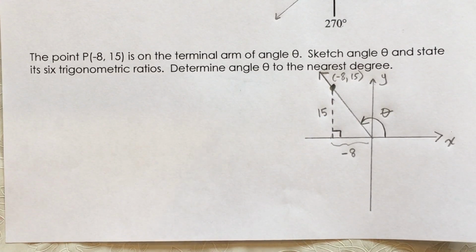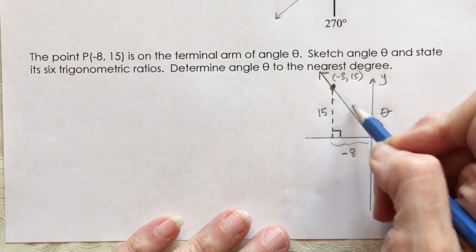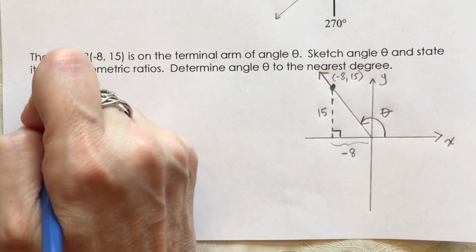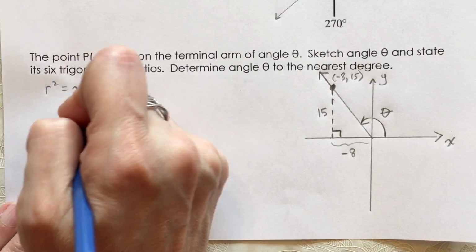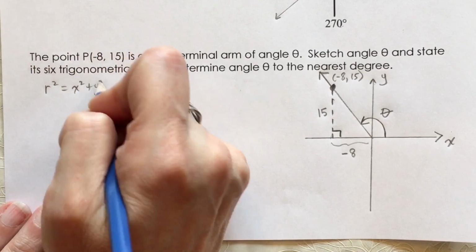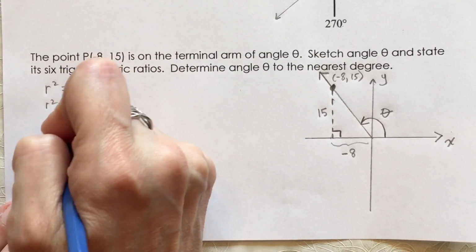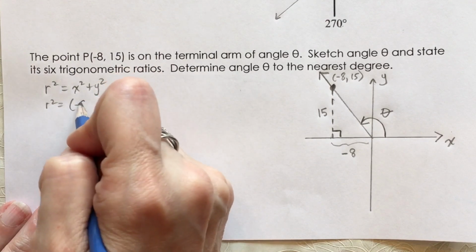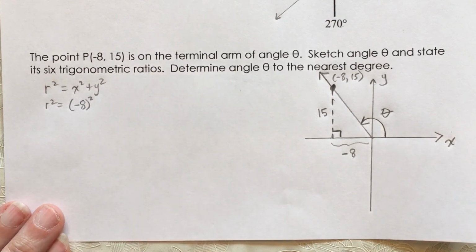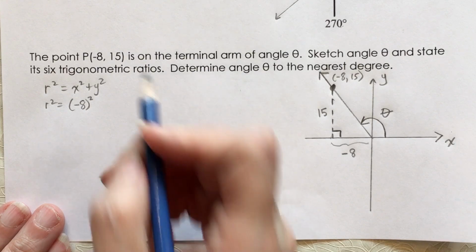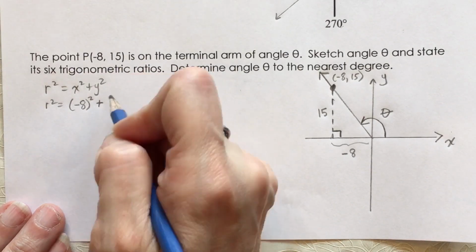So we've almost labeled all the parts we need of angle theta, but we haven't figured out r yet. So we're going to use the Pythagorean relationship. r squared equals (-8) squared plus 15 squared. I'm putting the -8 in brackets because I'm squaring x, which is a negative number, but when you square a number you always get a positive.